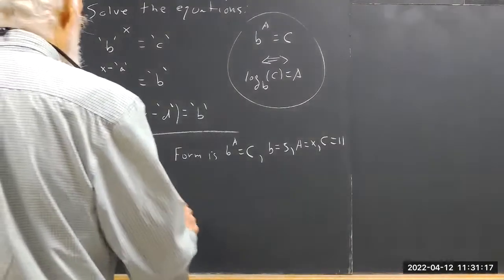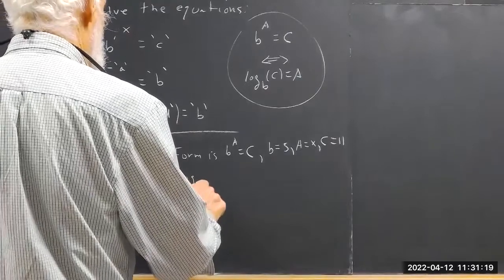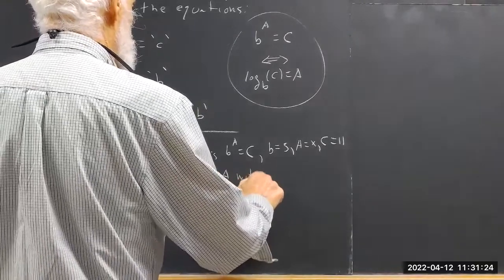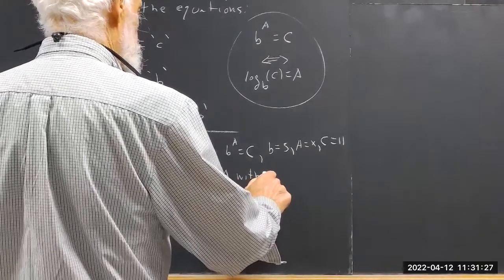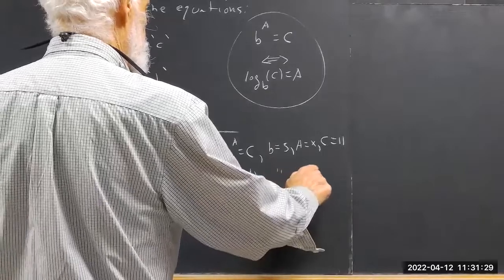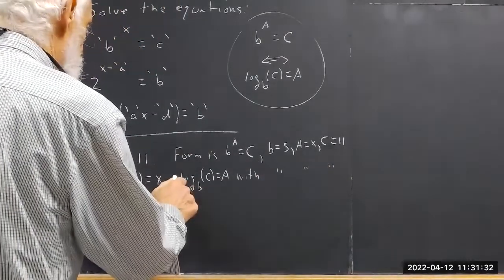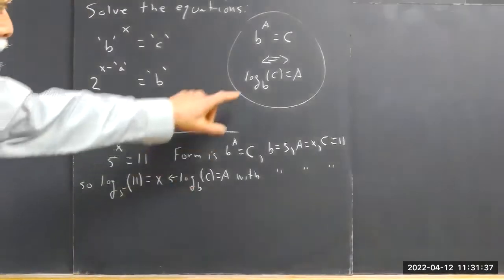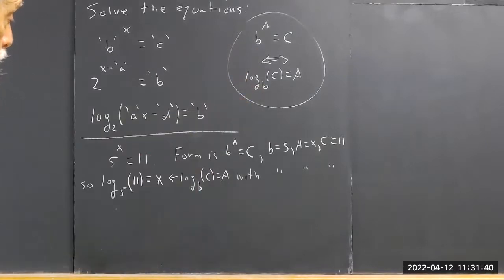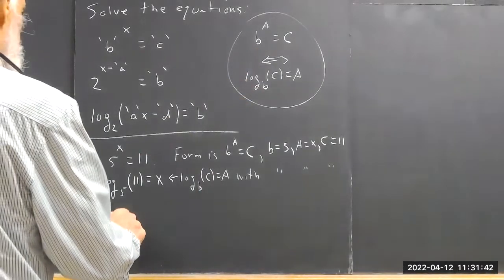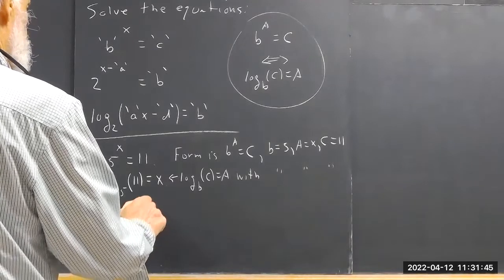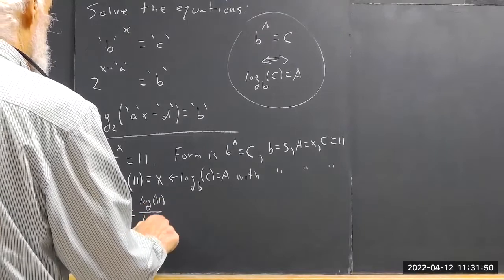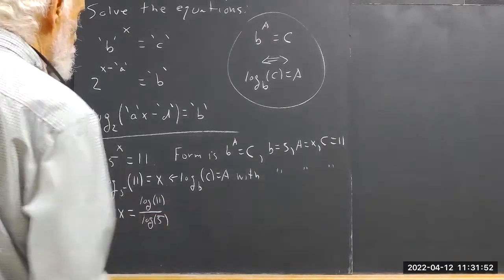So with these numbers, this equation is this form. We translated this to this, so that x equals log of 11 over log of 5.